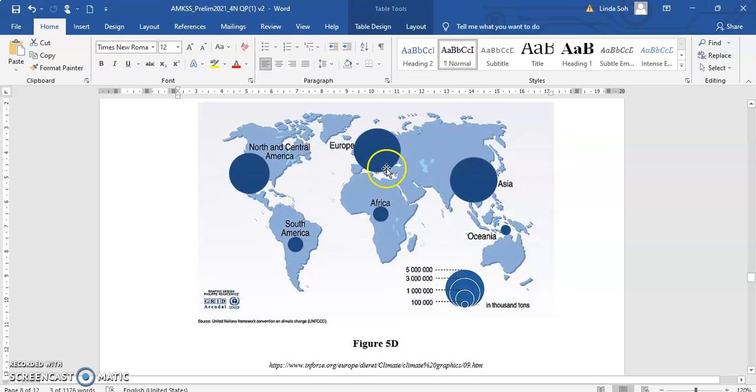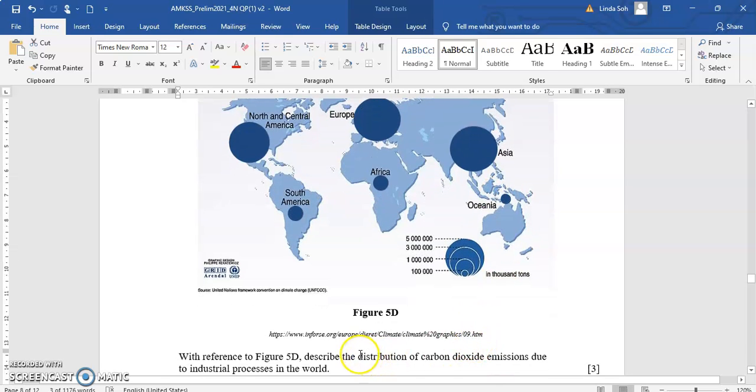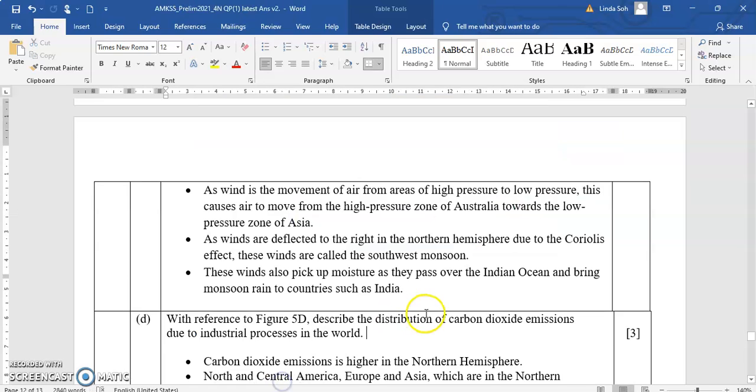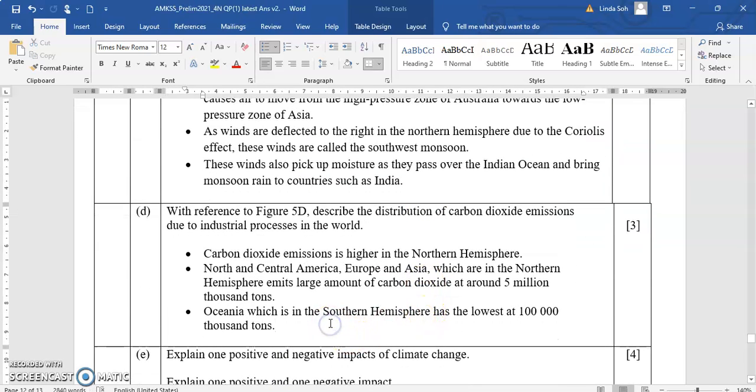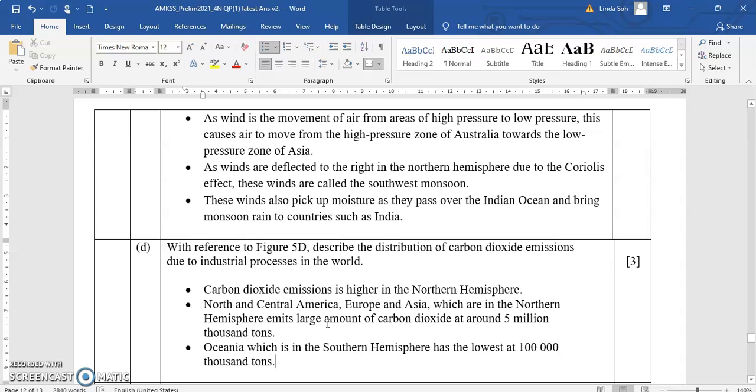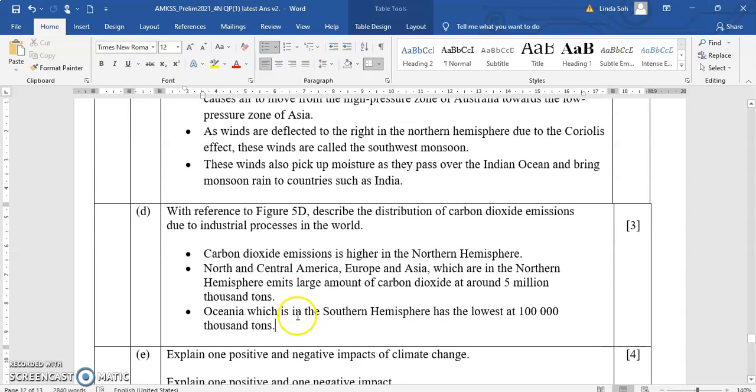Then for evidence, you measure how much they are producing. Then for any anomaly or anything interesting, maybe you can talk about Oceania being the lowest, which is interesting. That is not an anomaly. Anomaly means a country in the northern hemisphere that produces very little carbon dioxide.